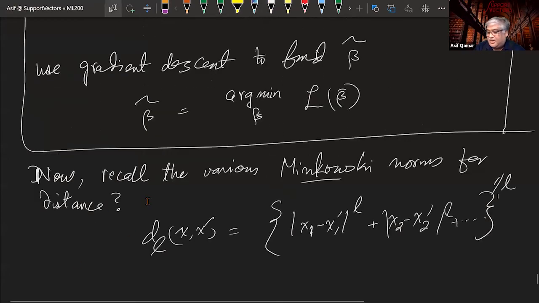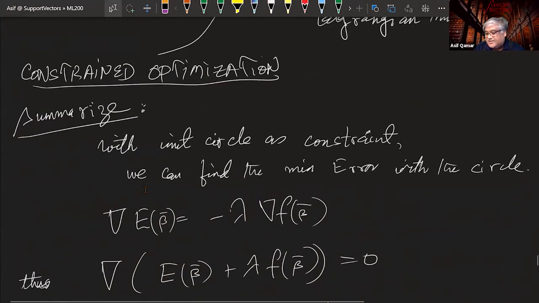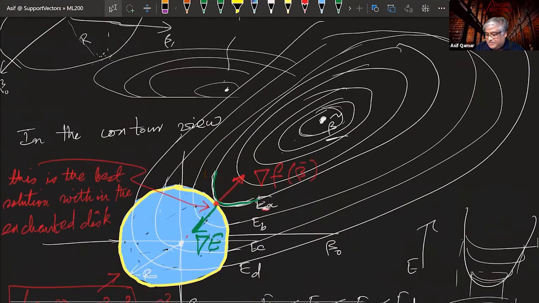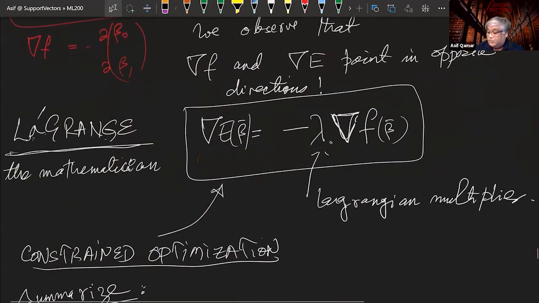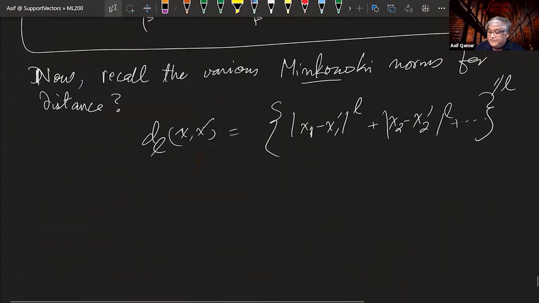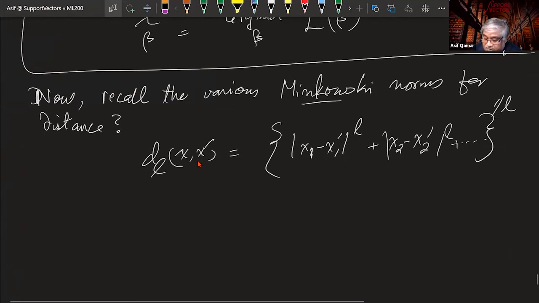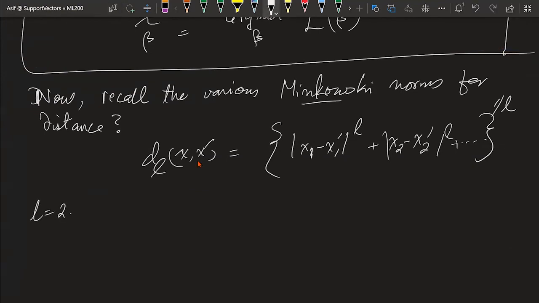Now comes the surprising thing. Look at this little desk that we made in the Lakshman Rekha that we drew here, the yellow line. This is a unit circle, isn't it? What is the definition of a unit circle? What is the function definition? For L equal to 2, f(x) equals 1.